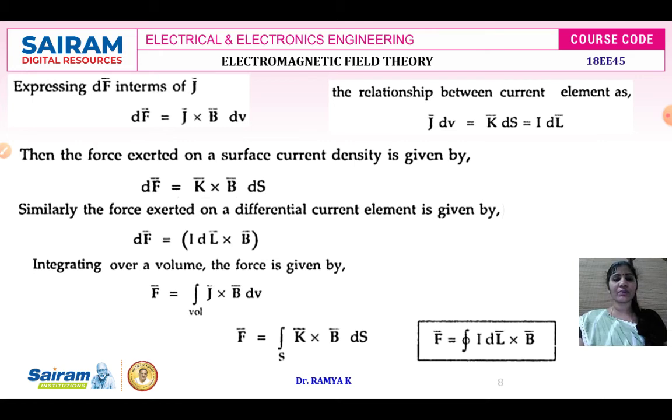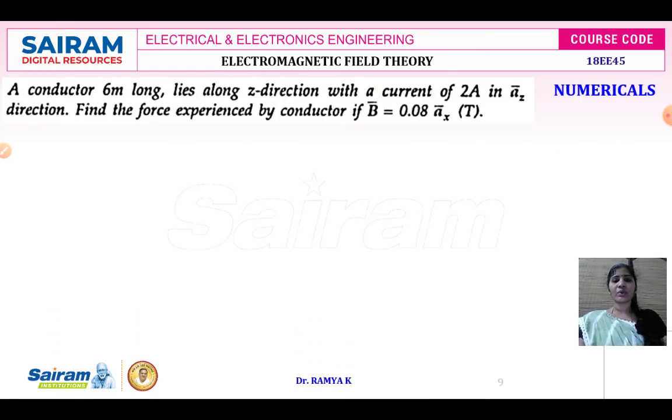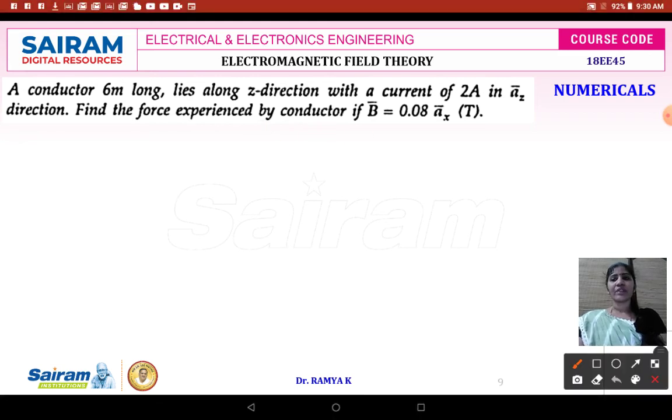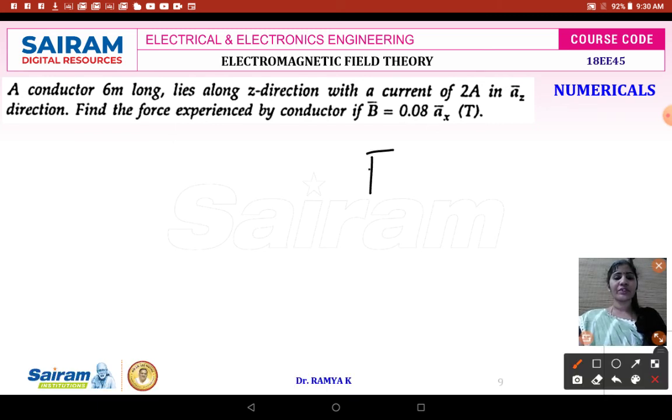Now we will solve one problem under the force on a differential current element. Consider the problem: a conductor 6 meter long lies along the z axis with a current of 2 amps in the AZ direction. Find the force experienced by the conductor. We know the general force equation F is equal to I into dl, the current element, cross product with your magnetic flux density.